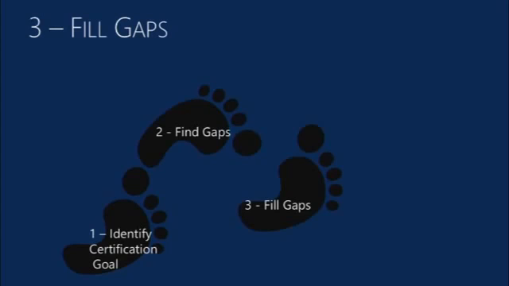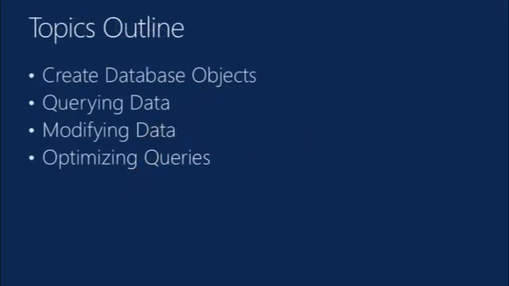So step one, figuring out exactly what exams to take. Step two, figuring out what's on the exam. Step three, and this is the biggest one, the one that we want to spend the most amount of time with, is filling the gaps. So what we've done here is we've broken down some of the different topics into a structure that's going to flow relatively well.